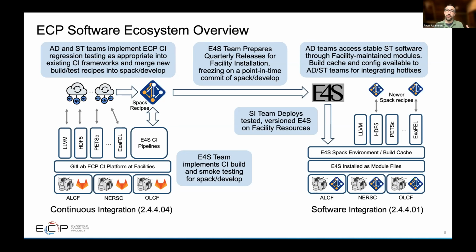Spack recipes are created for all of these products. E4S then plays this role of a curator, right, across all of the ECP software that's part of E4S, and then the facility teams take that E4S release, like 21.05, and our Shazeb software integration team deploys that at the facilities for users to use. And so I think it's useful to know that we have this continuous integration capability using GitLab at each of the facilities, and it's integrated with the scheduler.